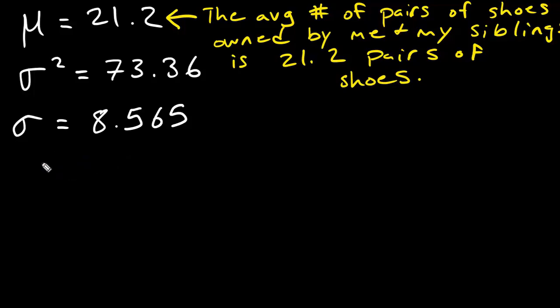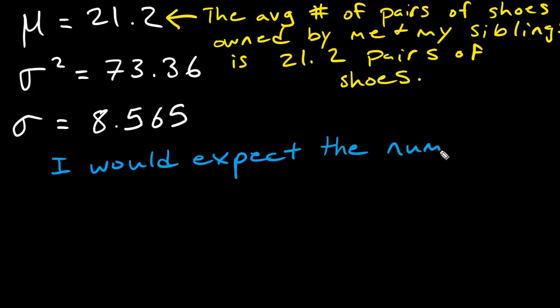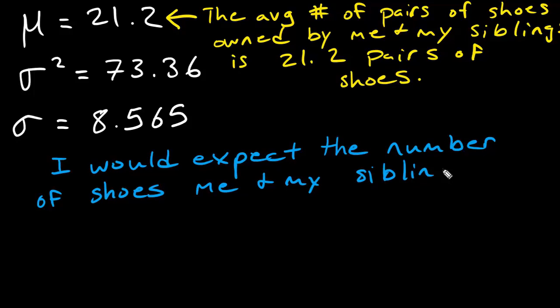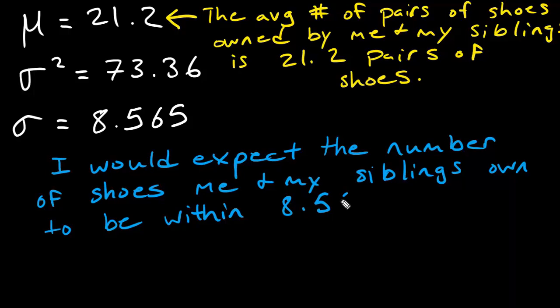Let's see. I would expect the number of shoes me and my siblings own to be within 8.565 pairs of shoes.